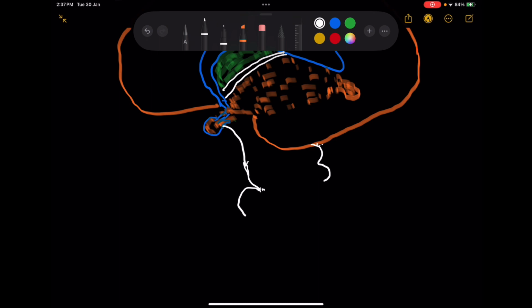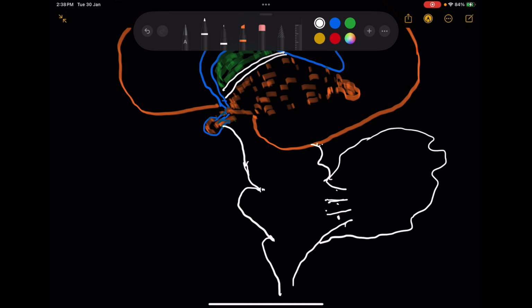Then you will have the pons and the medulla. From this midbrain, from the pons and from the medulla will be the three cerebellar peduncles, the superior, middle, and inferior, on which will be connected the cerebellum.